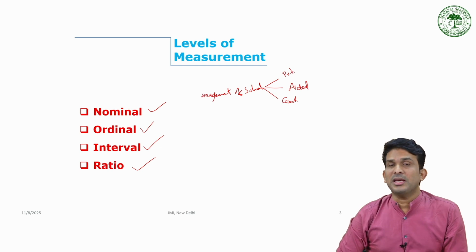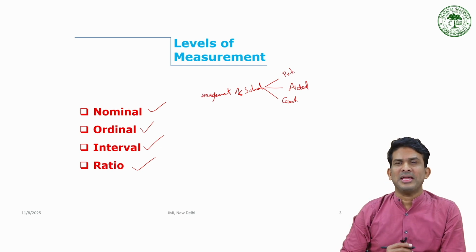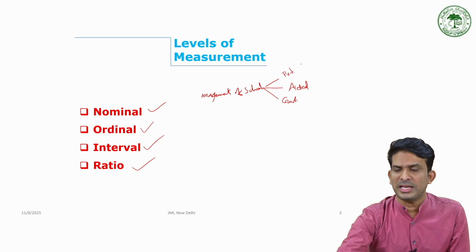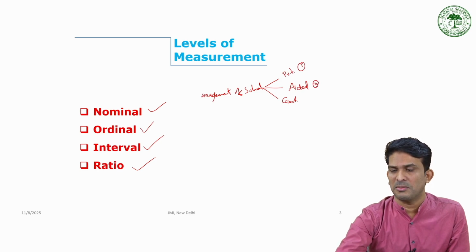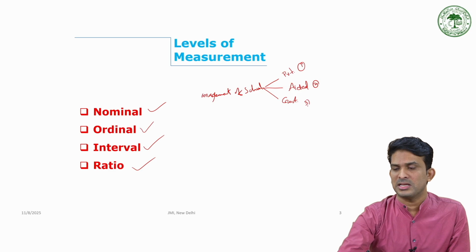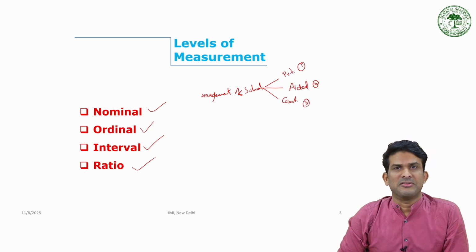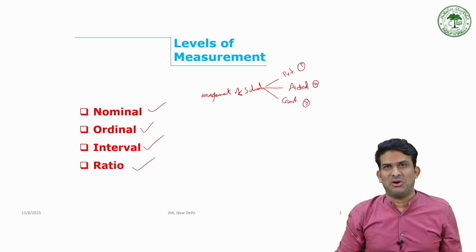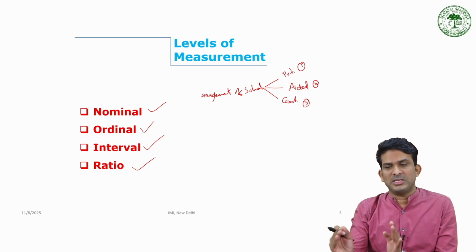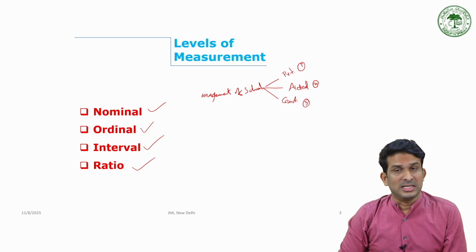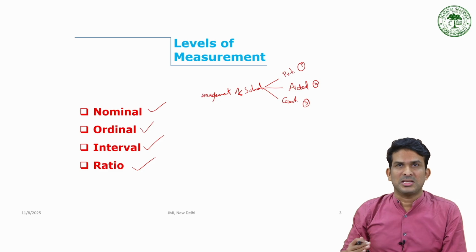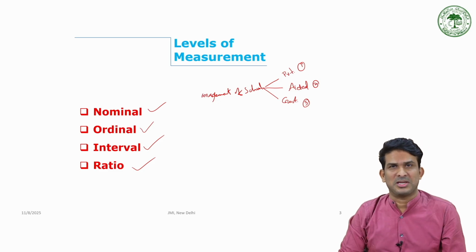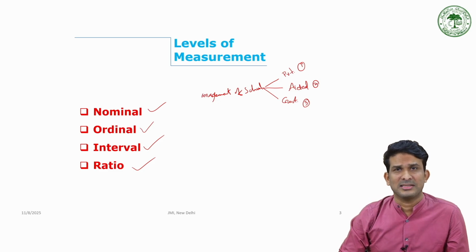Here, for identifying the variable, we can put numbers. Private is considered number 1, aided is number 2, and government is number 3. There is no weightage at all. Government being third doesn't mean that government schools are substandard, nothing like that.